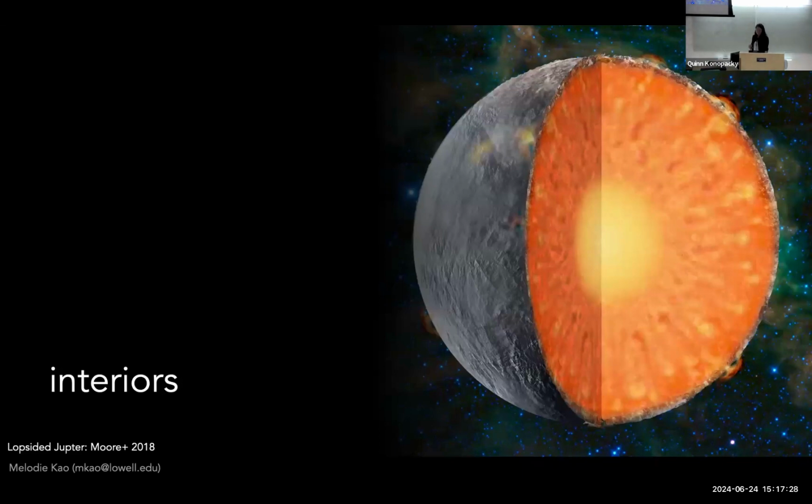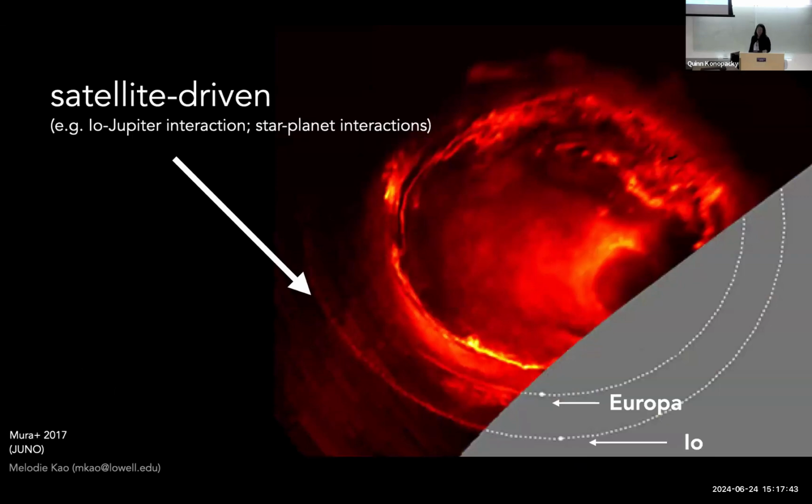And then finally, because magnetic fields are generated in the deep interiors where conductive fluid flows are occurring, they can also tell us about the dynamics of the interiors of these planets. Magnetic fields could even potentially tell us about the properties of satellites like moons, and I'll come back to this topic later.